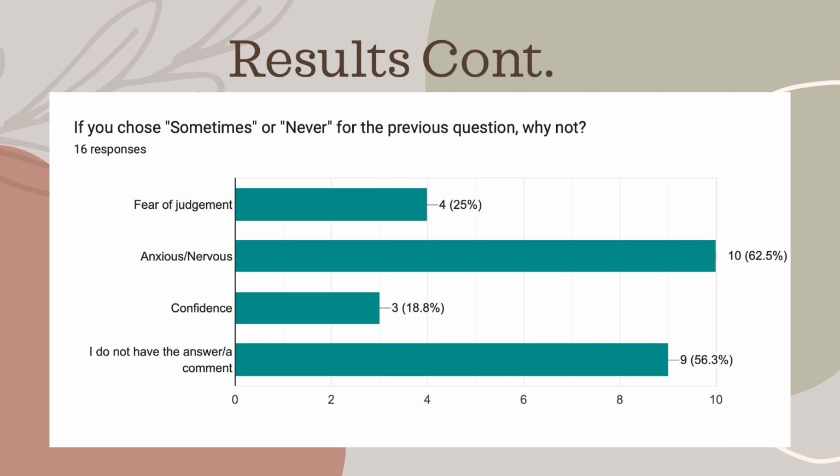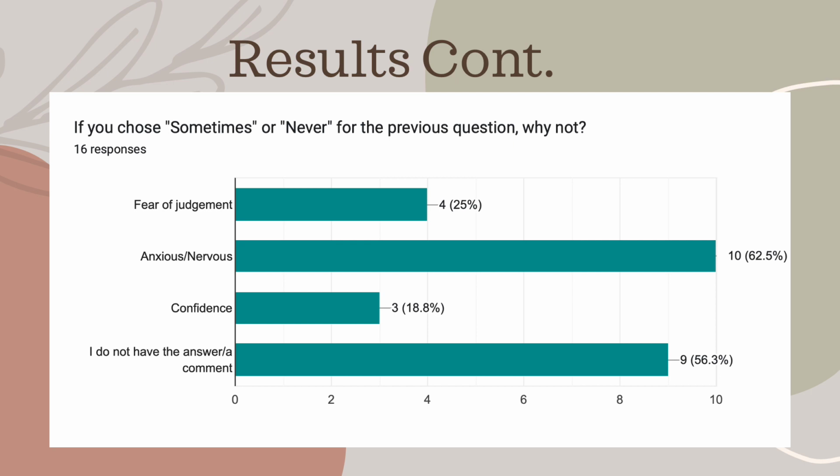The next question for students on the survey was, if you chose sometimes or never for the previous question, why not? And the 4 choices were fear of judgment, which was 25%, anxious or nervous, which was over half, 62.5%, confidence, which was the lowest at 18.8%, and students not having the answer or a comment during a discussion, which was a little over half at 56.3%.